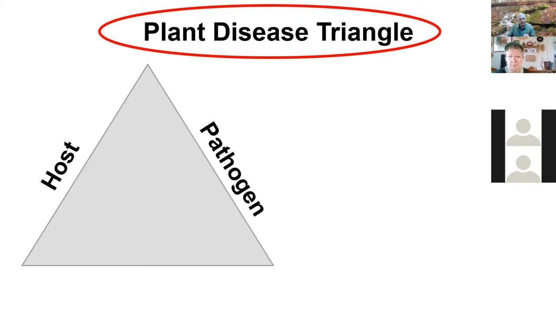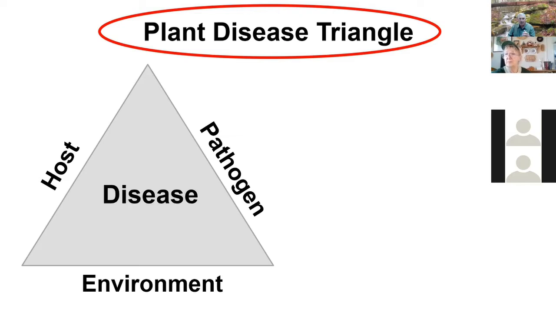But before that pathogen can be successful on that host, we need the right environment. Whatever that environment may be, whether it's wet and cool, or warm and wet, or dry, if a consistent environment shows up and all three of those come together, then we're going to have disease.